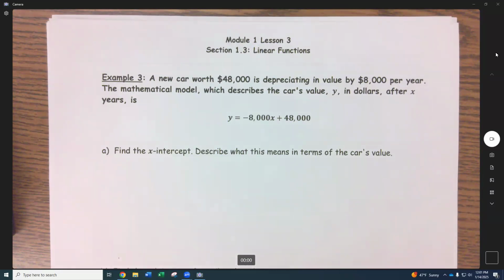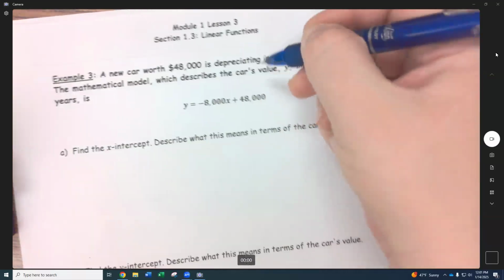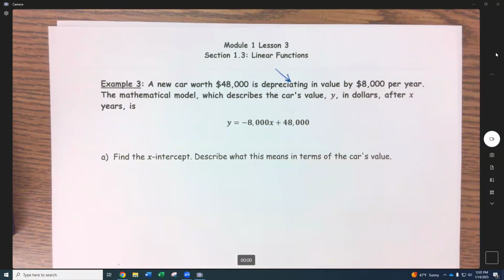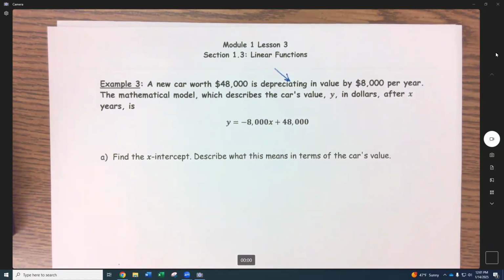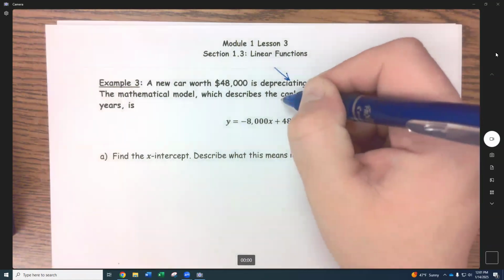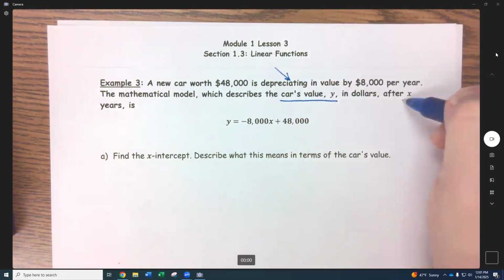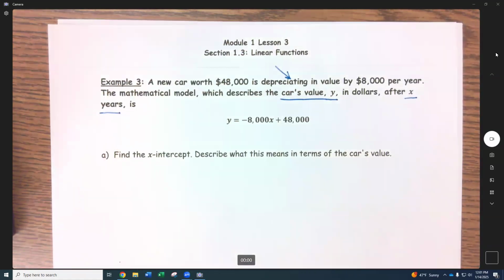So example 3, a new car worth $48,000 is depreciating. So it's going down in value by $8,000 per year. The mathematical model, which describes the car's value y in dollars after x years. So get in the habit of underlining what x and y are representing.